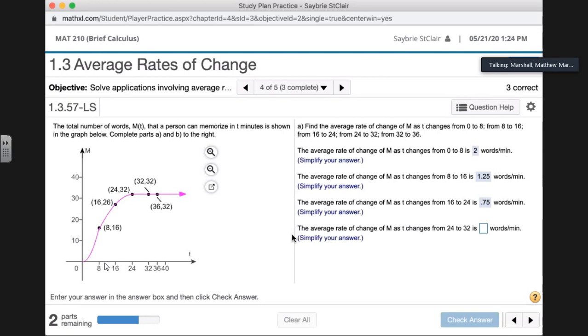And then that's a slope of 0 because see how 32 minus 32 is 0? And see how the line is flat right there? That has a 0 rate of change, 0 words per minute right there. That makes sense. Yep. Which is 0.